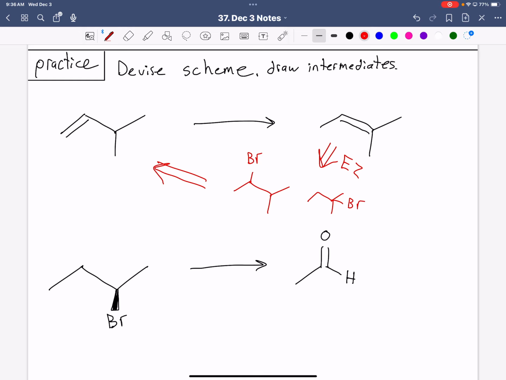If I'm thinking about how I could have made this from this, well, that's just our old friend, HBr edition. And I think this would actually rearrange and make this, but both of these can E2 to this same alkene.